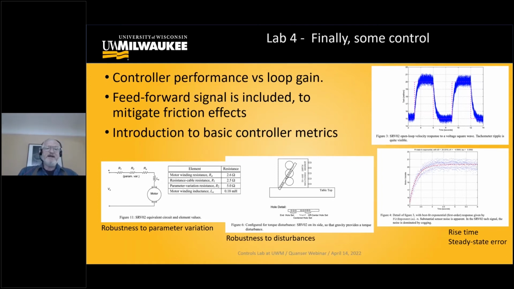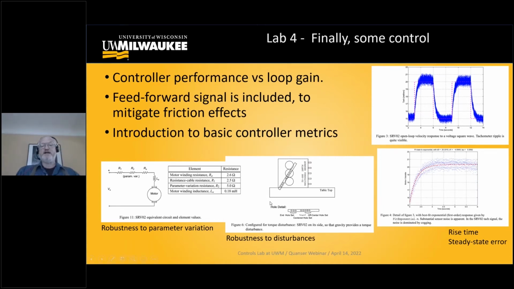So they look at transient response and rise time with respect to loop gain, and of course the system gets faster. We have an approach to introducing parameter variation, namely we put an additional resistor into the circuit path for the motor, which changes the motor characteristics. And then we look at how feedback control gives robustness to parameter variation.